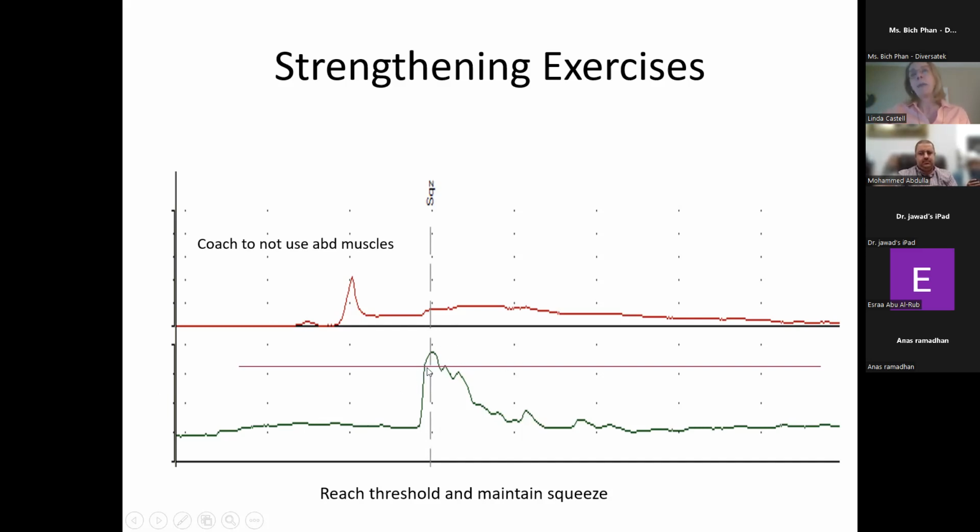The patient also met our goal. We'll put a threshold, this purple line here. That's our goal. A normal squeeze should be 10 microvolts, and they should hold that for at least 10 seconds when we do these squeezing exercises. She met the goal, but she immediately fatigued. So our goal with her is to get the muscle to maintain that squeeze longer.